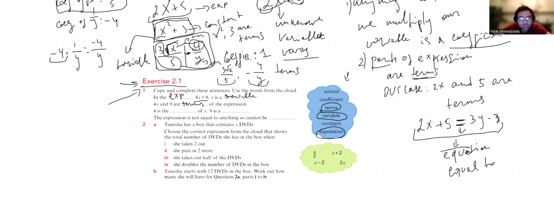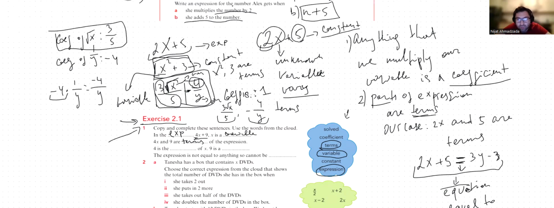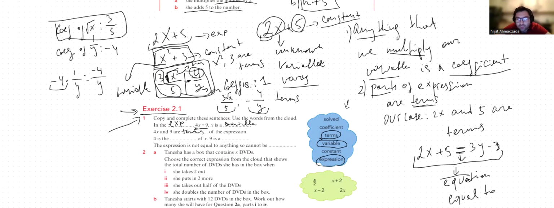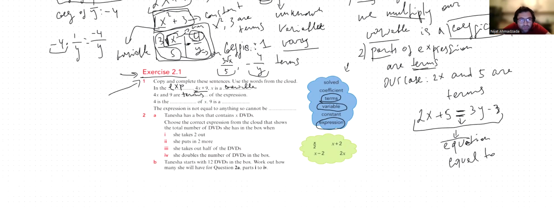So this one is already done. Our expression is 4x plus 9, and 4 is something that we multiply x by, right? Anything that we multiply our variable by is a coefficient. So 4 is the coefficient. 9 is the constant because 9 is just a free number.